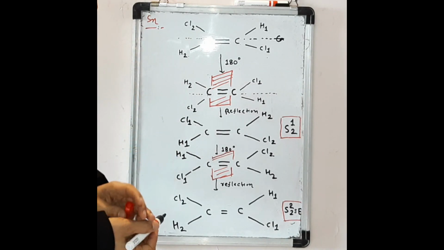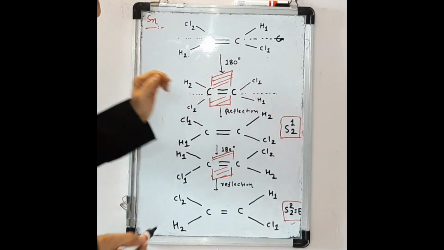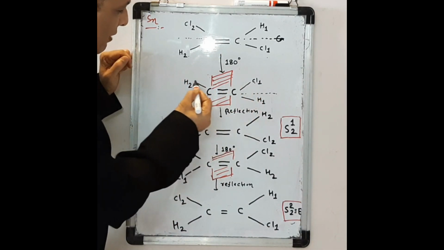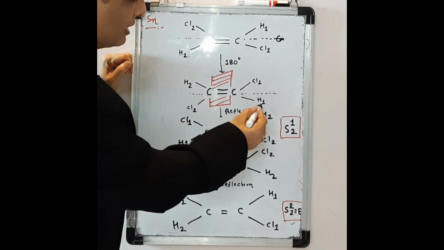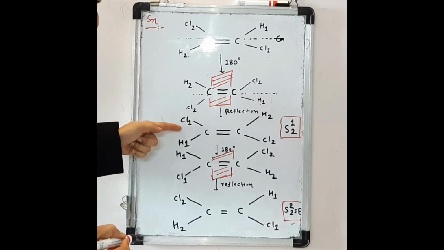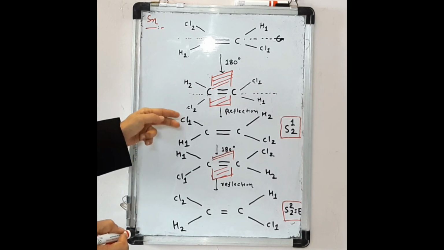Now this resulting configuration is reflected in a plane perpendicular to the principal axis. So Cl1 would be reflected to H2 and Cl2 will be reflected to H1, which brings the molecule into an equivalent configuration. This is not the original configuration, but it looks like the original configuration.